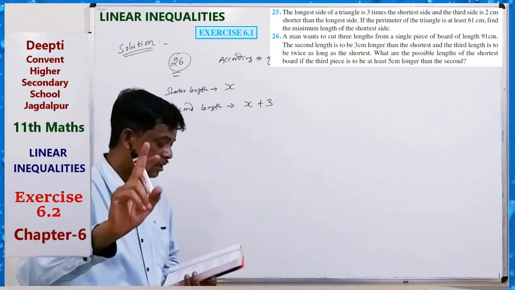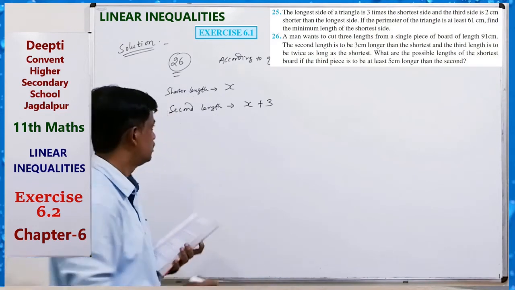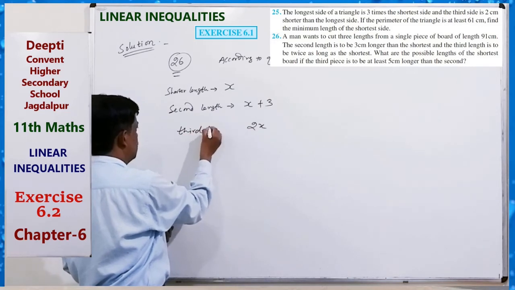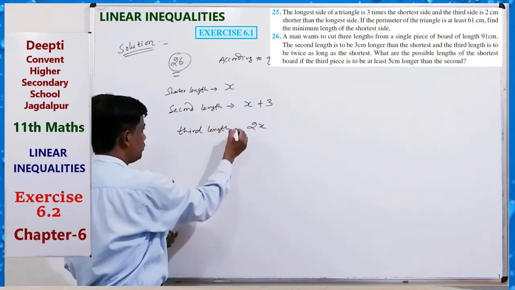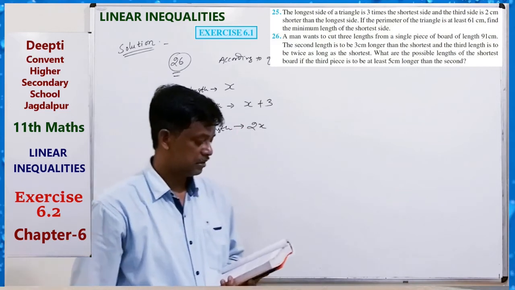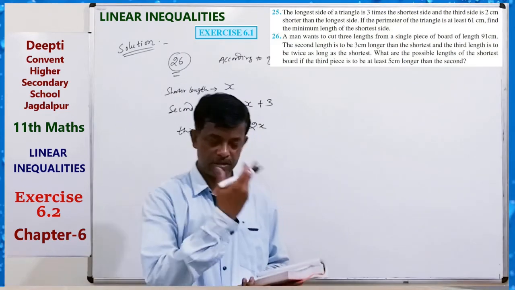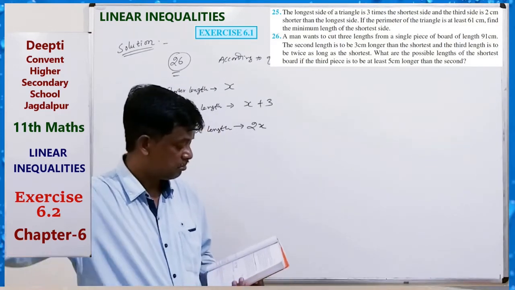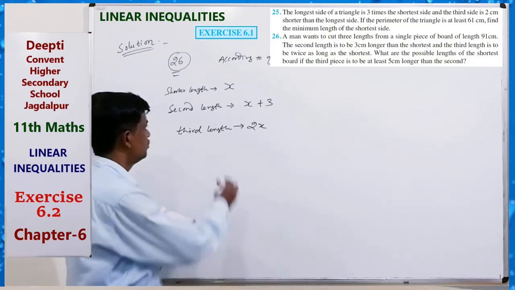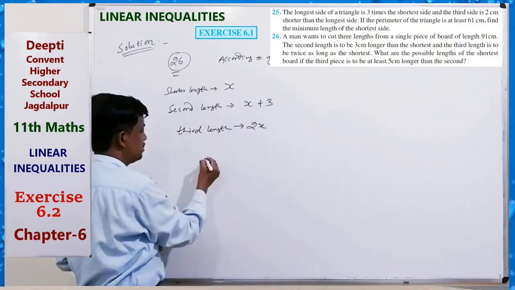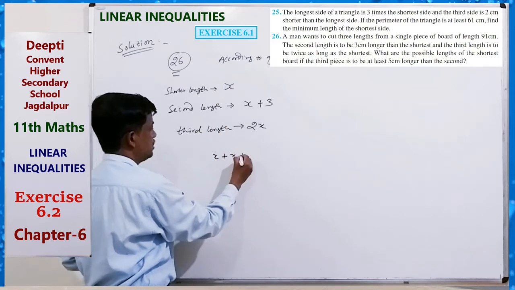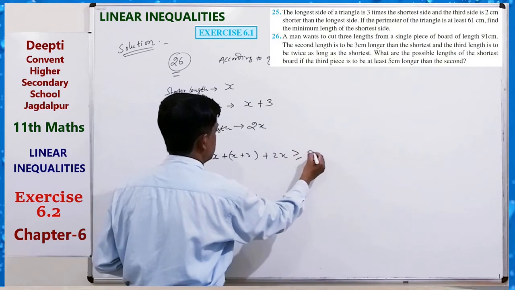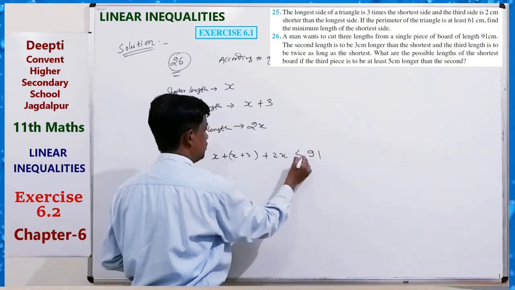And the third length is to be twice the shorter, so the third length is 2x. The man wants to cut 3 lengths from a 91 centimeter piece of board, so the sum of these, x plus x plus 3 plus 2x, is less than or equal to 91.